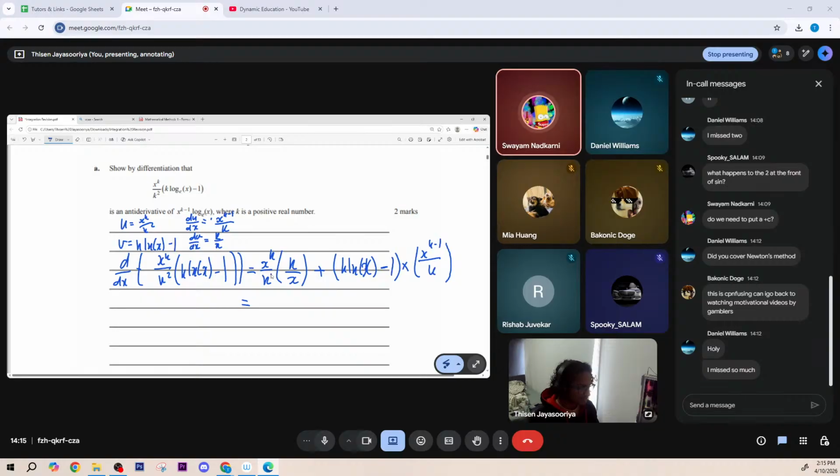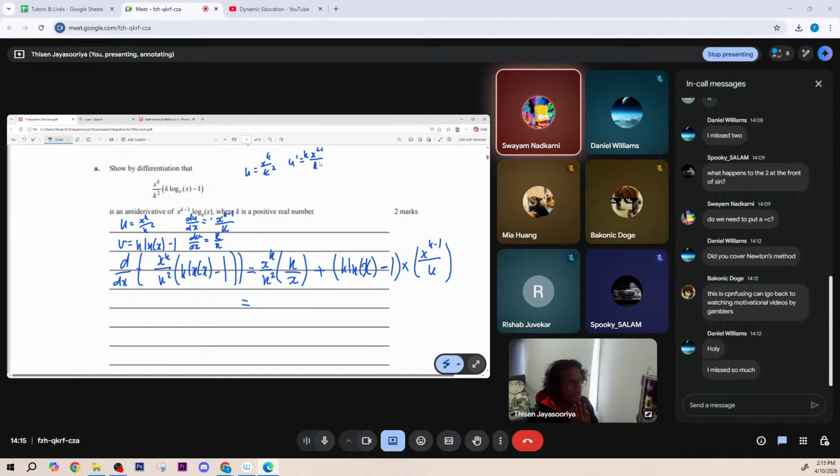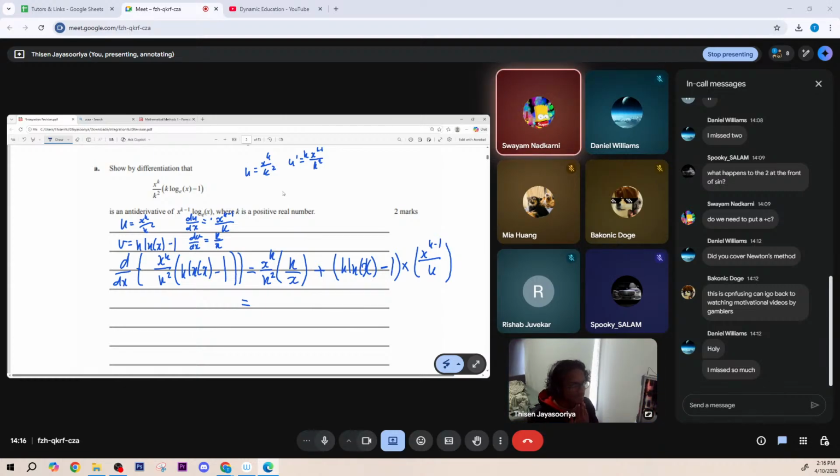I didn't do it like that. I did it a different way. How'd you do it? So I did u equals x to the power of k over k squared, and I just did u dash equals k x to the power of k minus 1 over k squared. And I just did the derivative of log, which is k log e x minus 1.